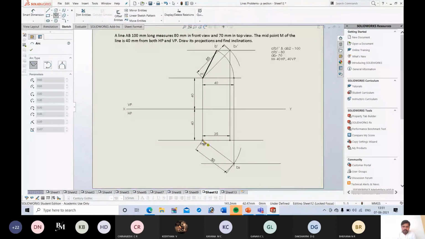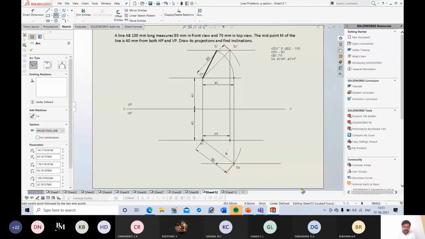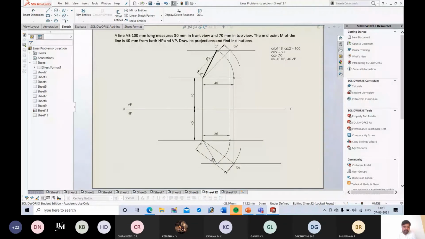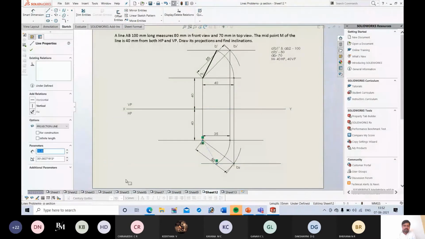Now the view is on locus of M. By drawing this arc, I will rotate it till locus of B. Then I will connect. All these concepts are similar to previous problems. The only thing is we are considering half of the line, half portion of the line. Okay, so this is B, top view.